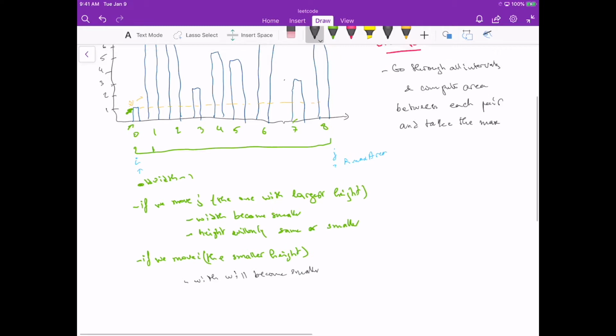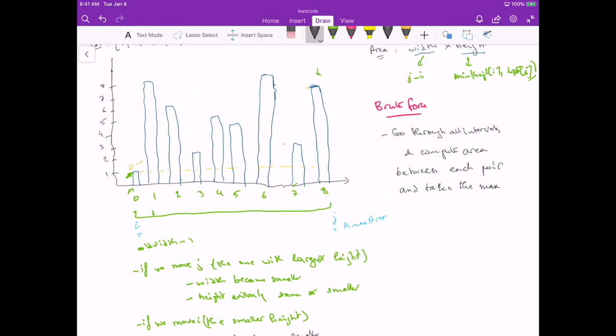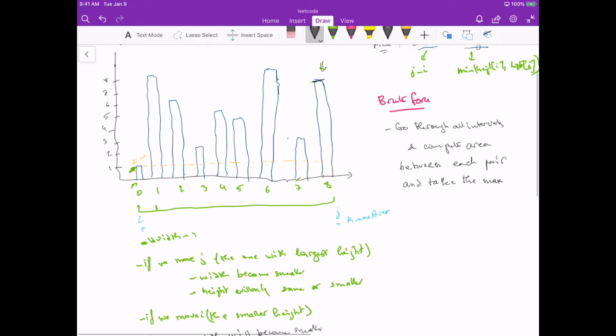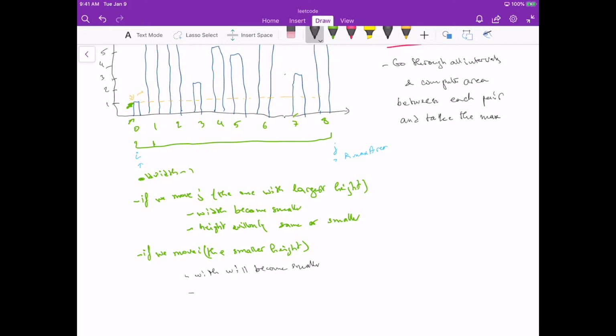But the height will either be bigger than the height of j, and in that case we are winning because the height will become the height of j, which means we will have a bigger area, or it's even smaller, but in that case, again, we will lose. But there is a chance that we will find a better area if the new one is bigger, which is the case with this one. So potentially here we might find a bigger height.